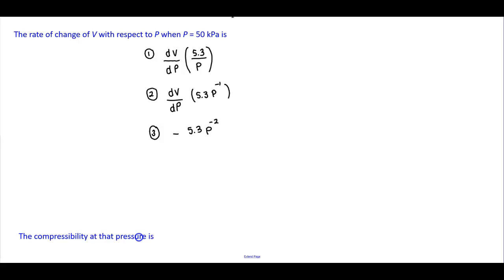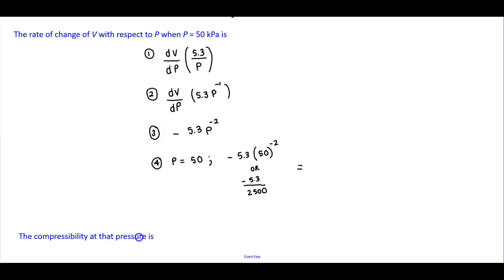So now we want to evaluate this when the pressure is 50 kilopascals. So if we let P equal 50, we're going to plug it into the derivative function, so it's -5.3 times 50 to the -2, which is the same thing as -5.3 divided by 50 squared, which is 2500.